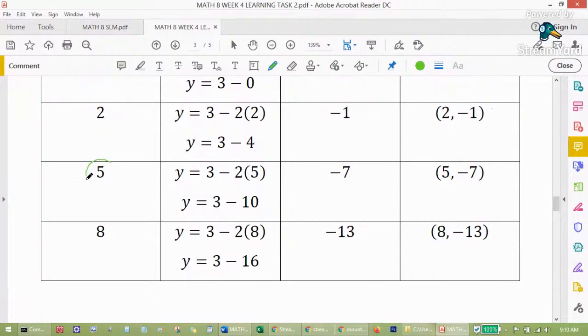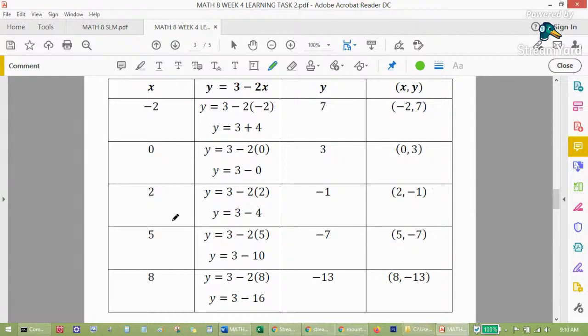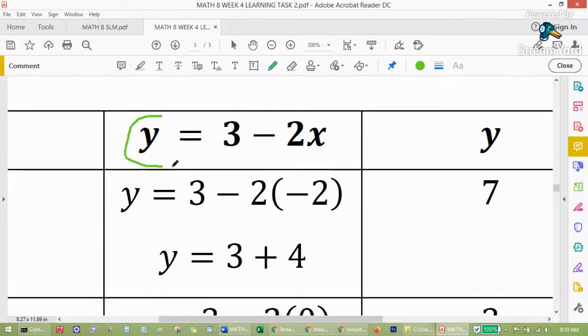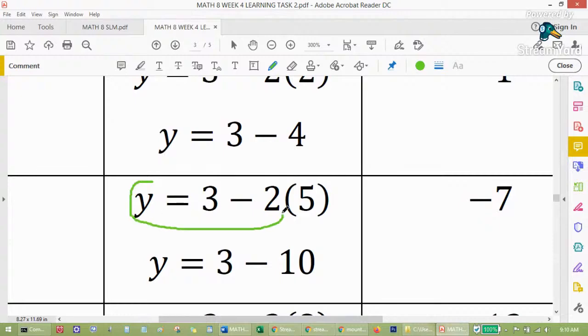So, last two numbers, x is 5. X is equal to 5. So, ang gagawin natin, copy lang natin to, simula dito hanggang dito. Okay, simula doon hanggang doon.